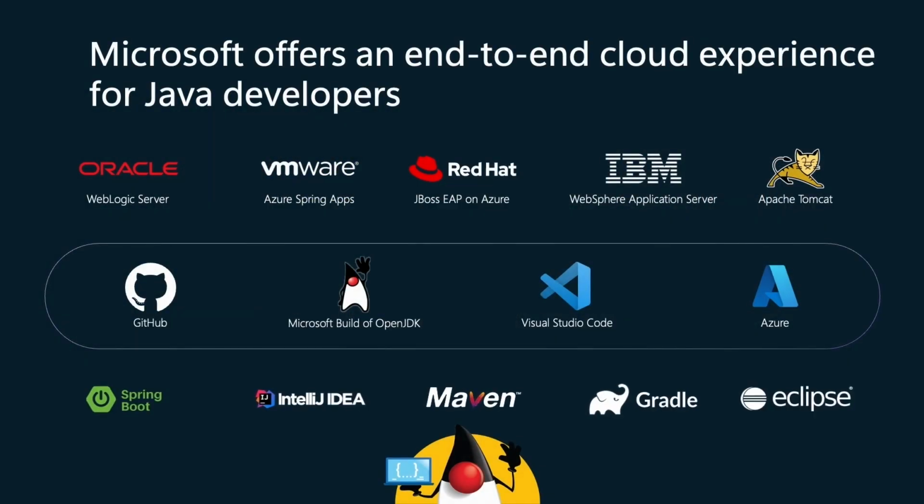But in the end, when your Java application is ready to go to the cloud, we are here to welcome that application. We have partnerships, we have tools, we have services. We know Java. Microsoft itself runs 2 million JVMs inside. We have JVMs running at scale at LinkedIn, at Mojang, Minecraft, on the Azure infrastructure.